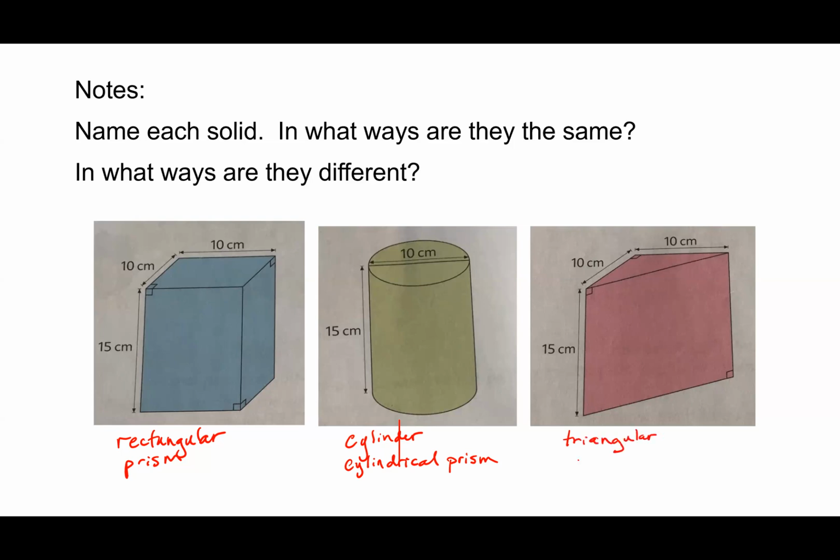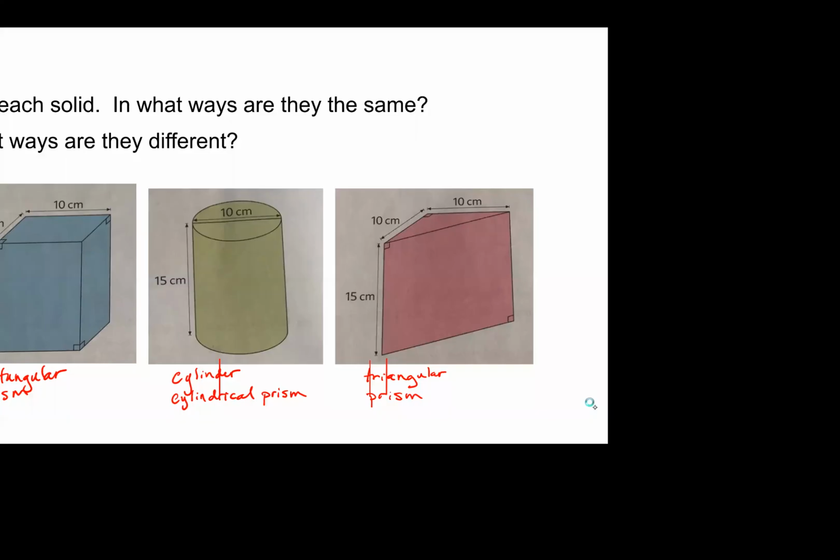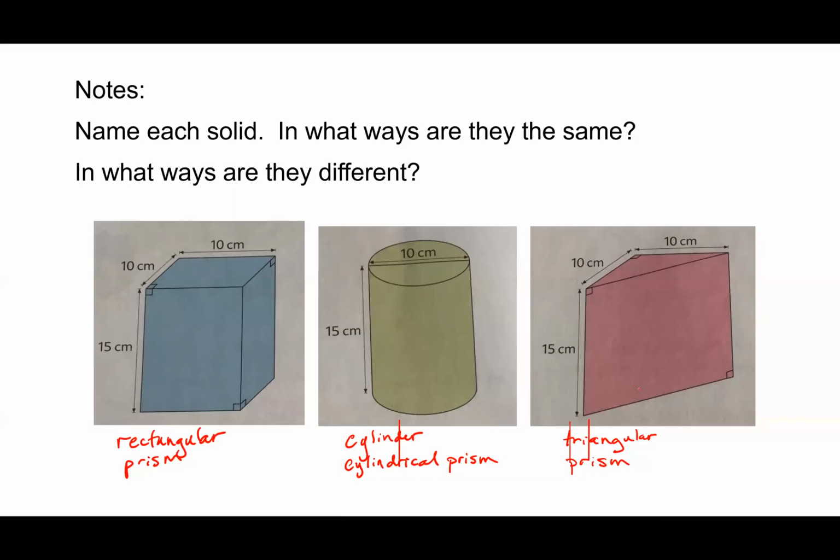Why do we tack the word prism onto these, you guys? It does sound cool, but there's a better reason. Alex, what do you think? Because it's like a 3D shape, it's not like a flat circle or a square. Yeah. Okay, good. So it's a drawing on our page, but it represents a 3D figure, right?